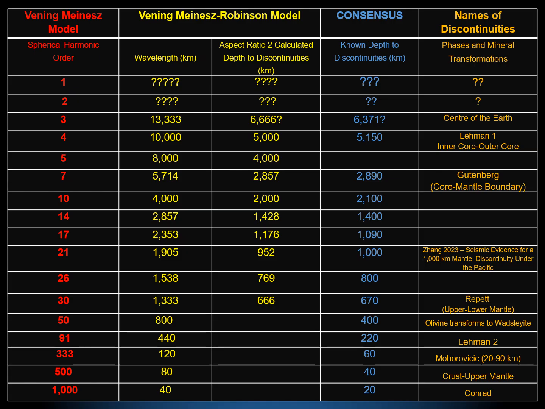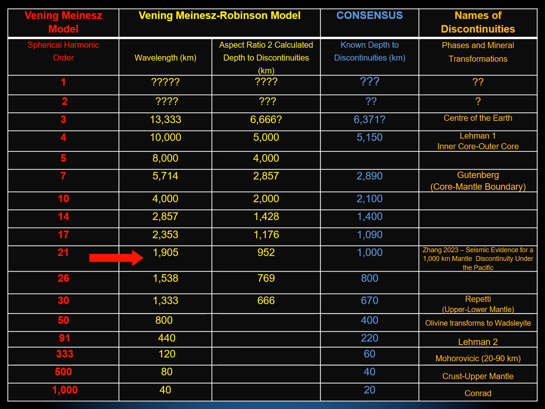Note that the discontinuities between the 30th and 1000th spherical harmonic order are well documented. They are named after famous geophysicists or by mineral transformations.